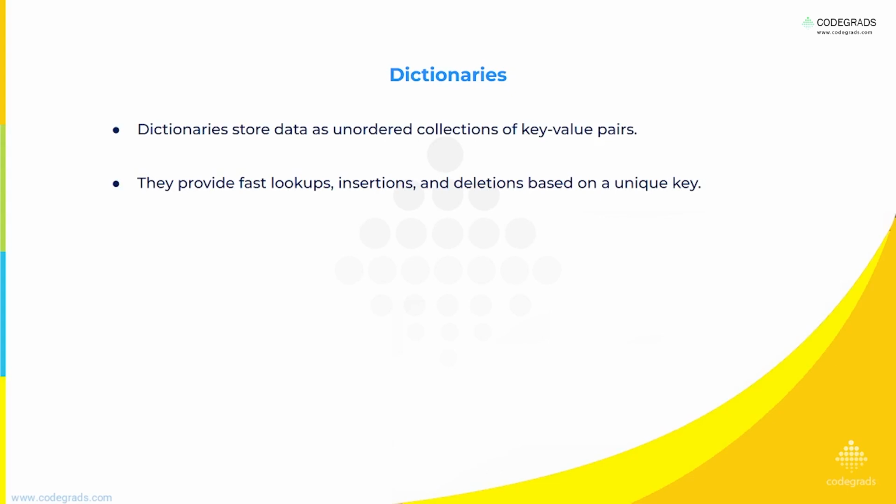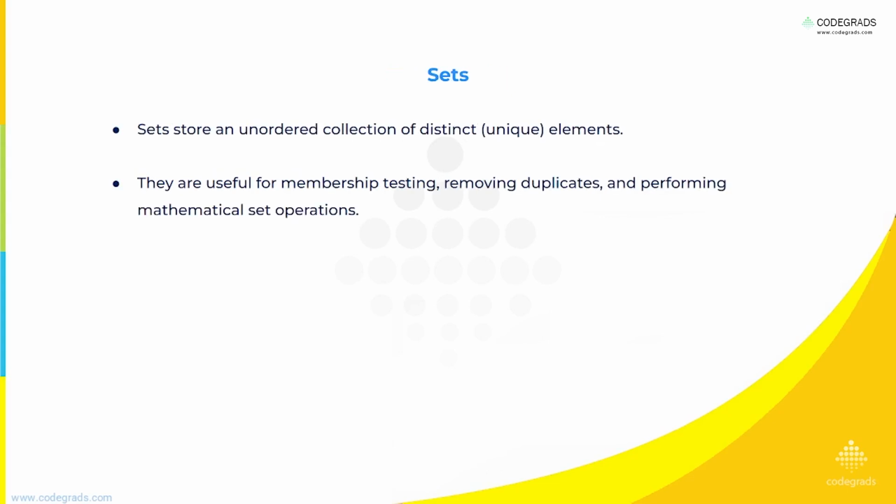Now next is set. As we have discussed in the previous session also, sets are unordered and unique. A set stores an unordered collection of distinct unique elements. So if we mention a set having multiple values like 1, 2, 3, 4, 5, and if I again introduce 1, which was previously there in the set, it will be removed because we have only unique elements in the set.